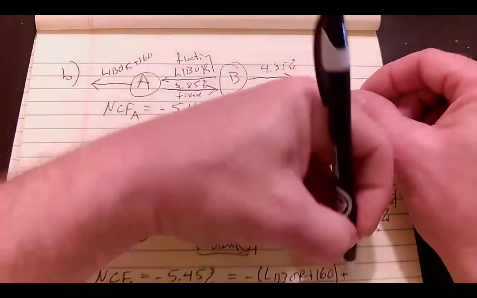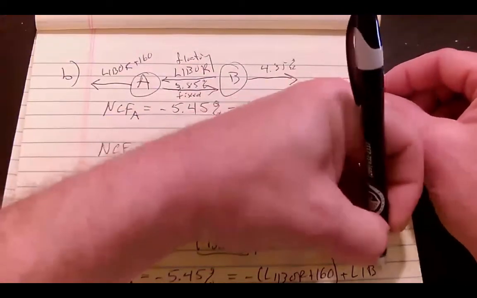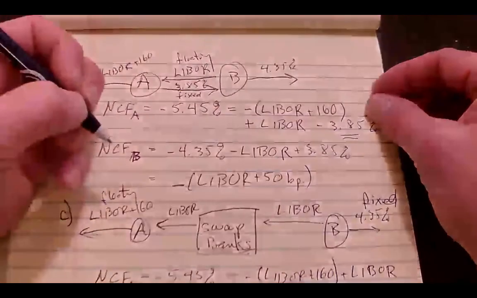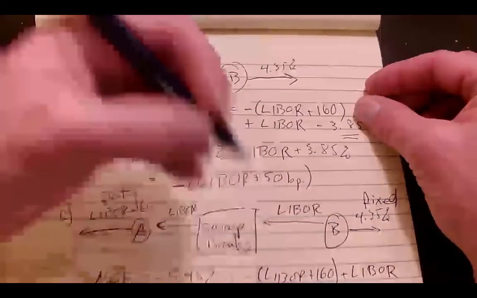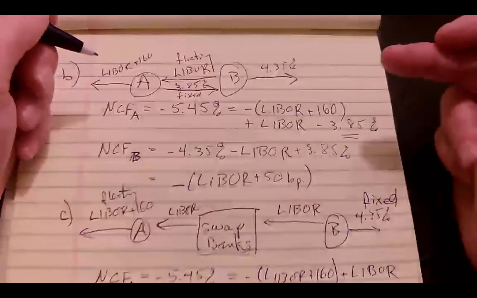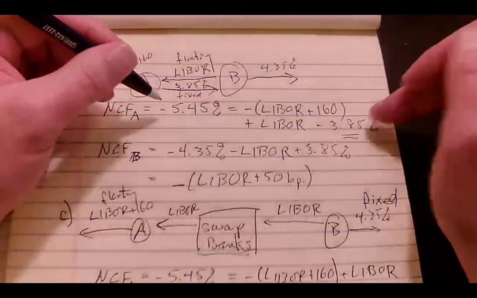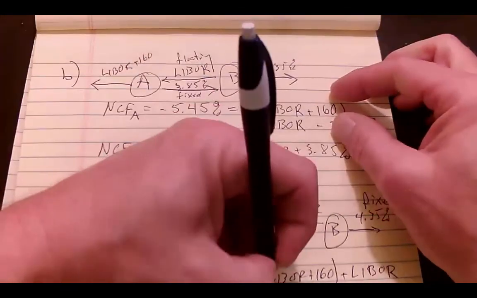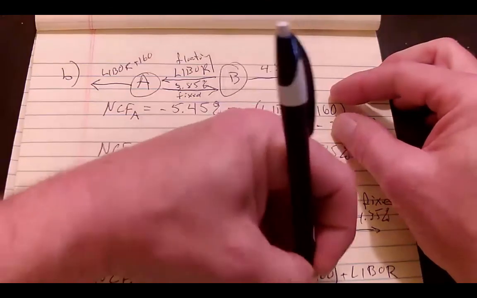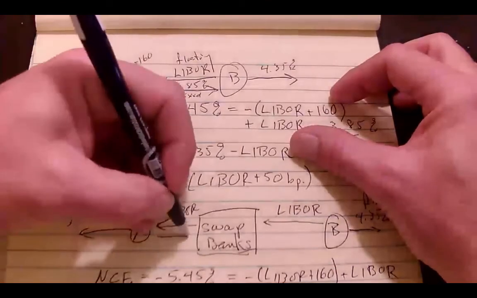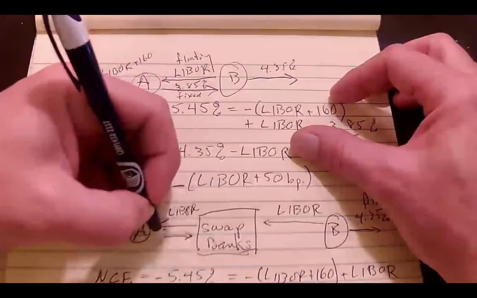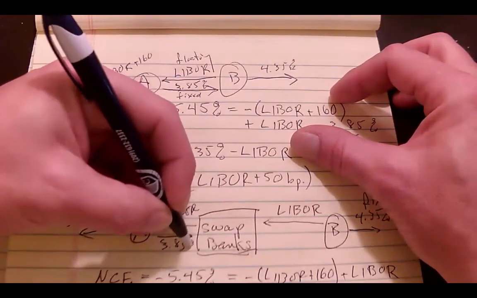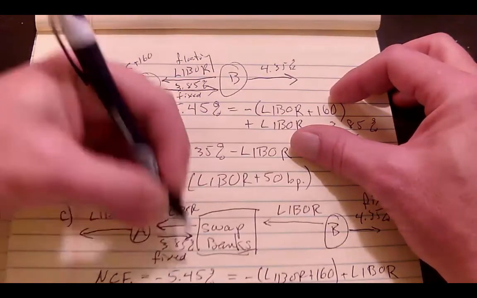They're receiving LIBOR from the swap contract they have with the swap bank, and they're going to be paying some fixed rate to the bank. It's going to be the same number because you want to end up at 5.45, so that 3.85 stays there, so minus 3.85% fixed. So they're paying 3.85% to the bank, and that's a fixed rate.